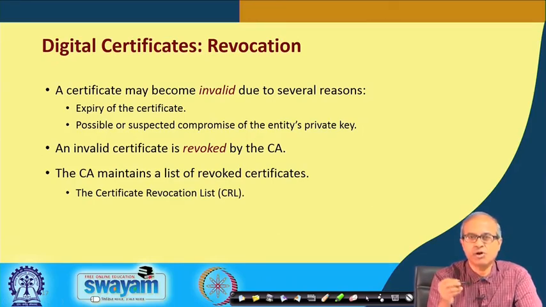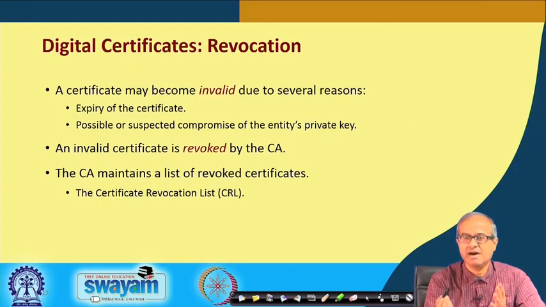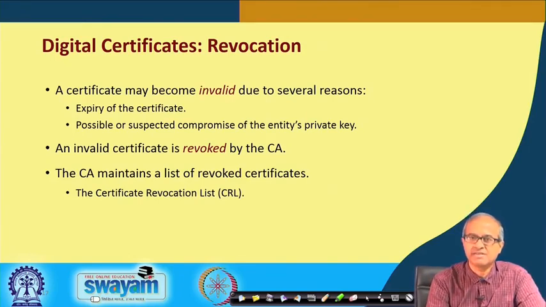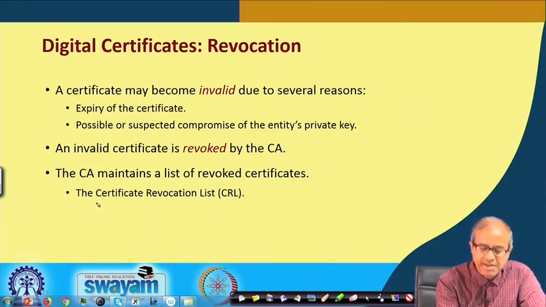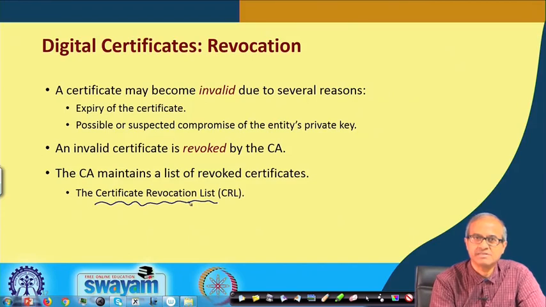Some suspicious activities are going on, because of that, you can temporarily put it into the suspect list and it becomes invalid. And the invalid certificates are revoked by the CA. How is it done? The certifying authority maintains a separate list called the certificate revocation list. So, these certificates go to that CRL, and after a time they get deleted or removed from the CRL also.